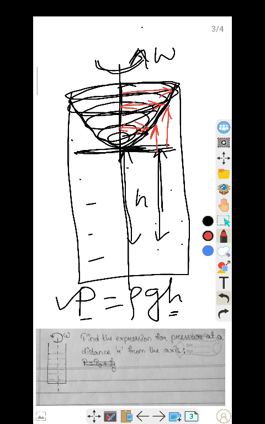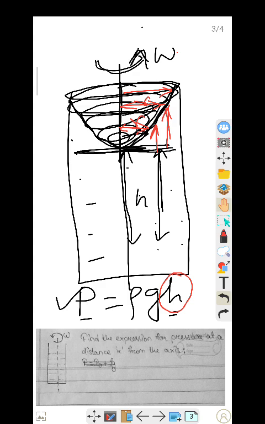So that's how the expression of pressure is going to depend on omega, which is constant for every point. Now it will be a function of r, because the farther we go from the axis, the more the height will change. So let's dive into the problem and solve it step by step.